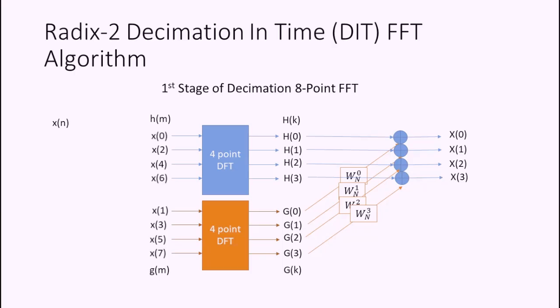But for the next 4 samples, G0 is multiplied with the negative twiddle factor, like H0 plus minus W_N^4 times G0, and the result is X4, same as X5.